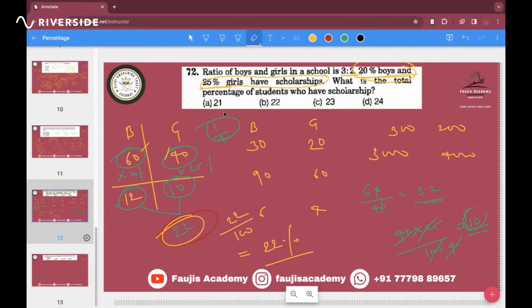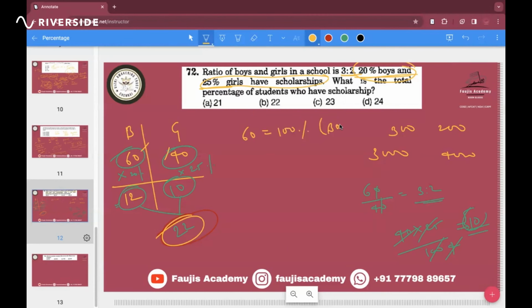They have already given it. So what did I tell you? 60 is the total number of boys. So 60 is what? 100%. Just listen to me carefully. We are specifically talking about boys.